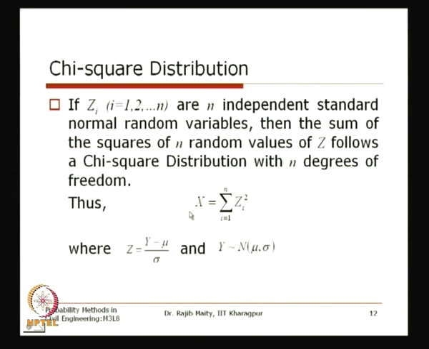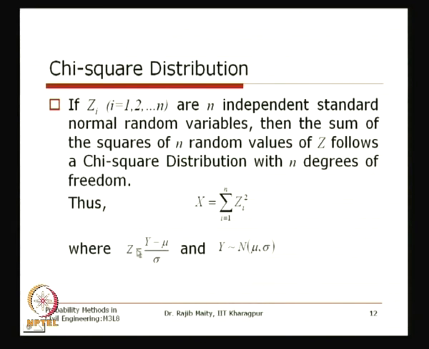So here the random variable x that I am defining equals the summation z1 square plus z2 square plus up to zn square, where the z are standard normal.